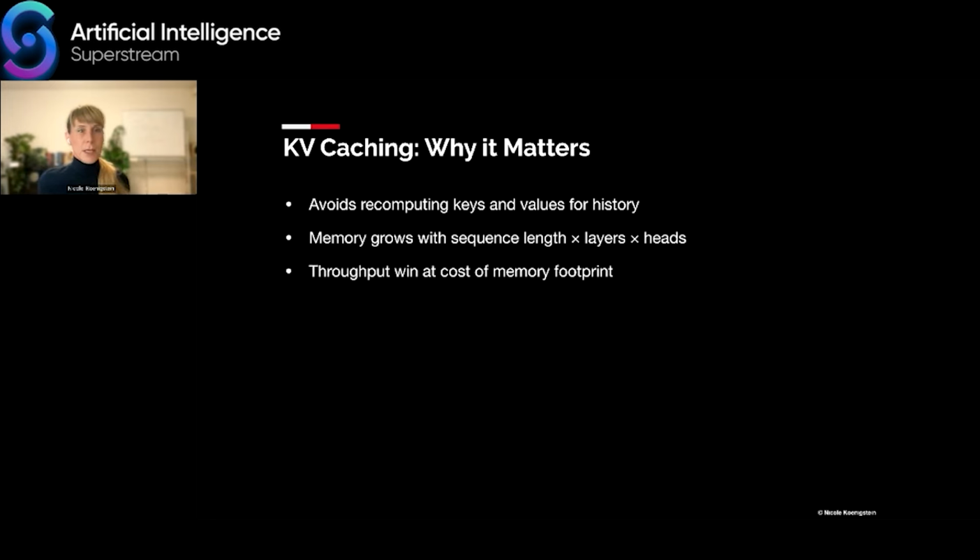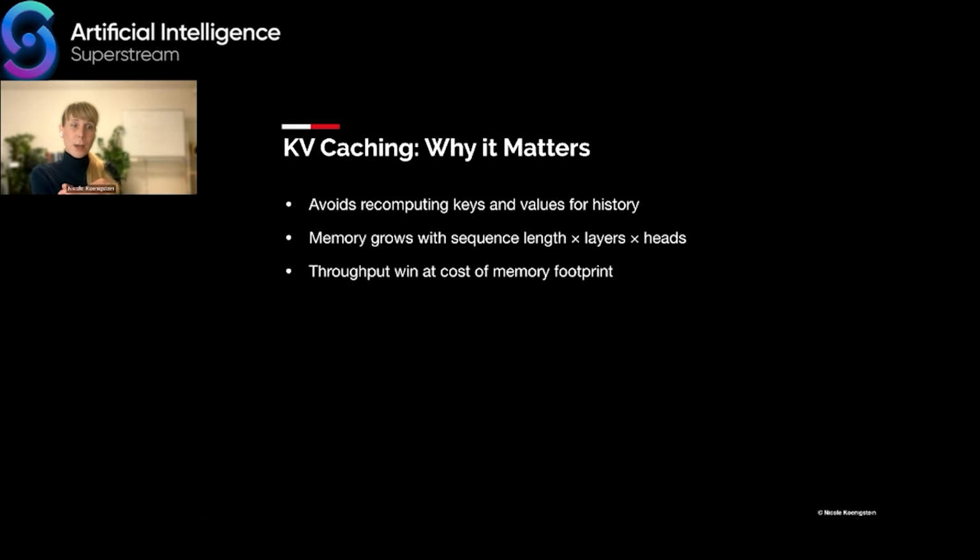And another point I want to cover, and maybe not all of you think about this either, is key caching. So why does it matter? Well, basically it avoids recomputing keys and values for history. And why do we do that? You might know that decoder only models are also named autoregressive models. And autoregressive just means auto is self, and regressive means based on prior values. So this is actually what it's all about.